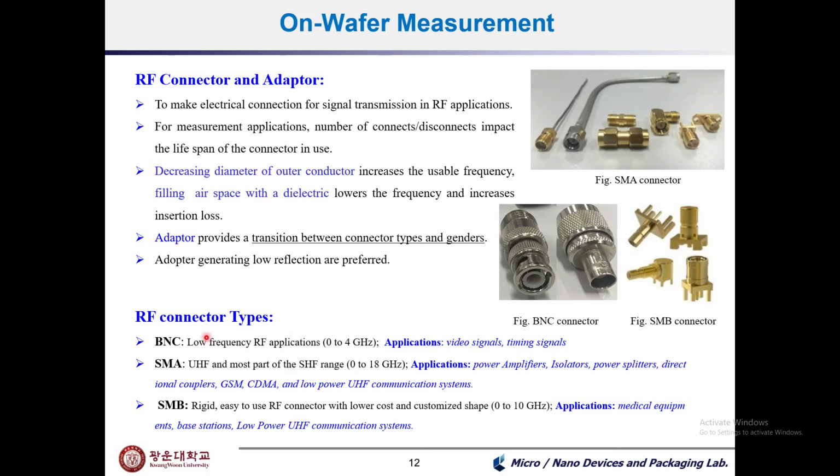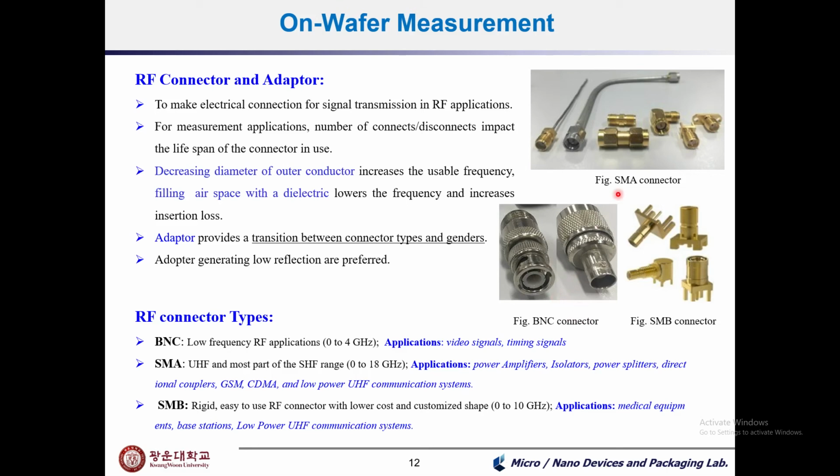Talking about the RF connector types, here we can see the BNC connector, which is used for very low frequency RF applications up to 4 GHz, and is especially used in video signals and timing signals.